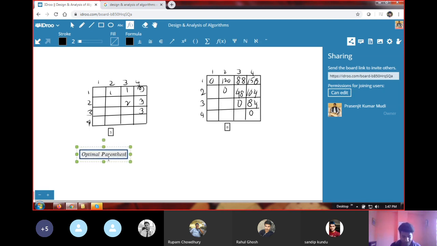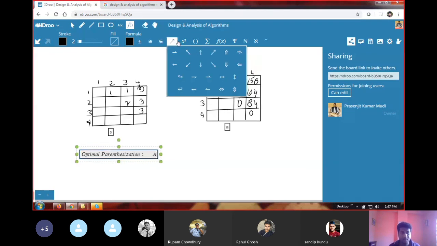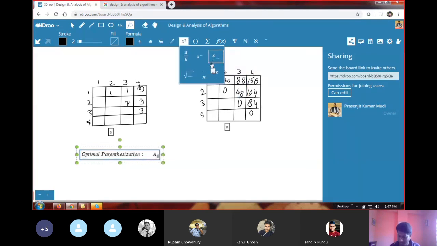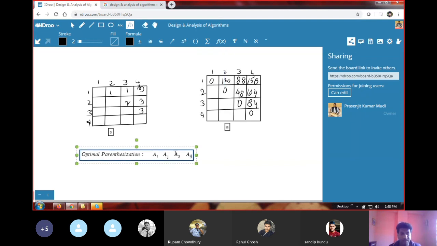First you write here a suffix 1, then a suffix 3, 4. So how should we parenthesize?